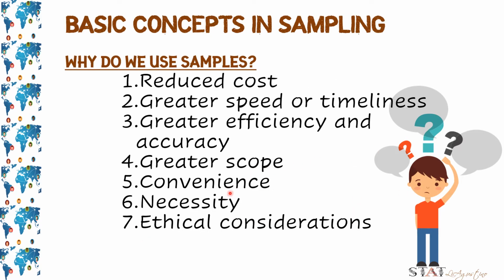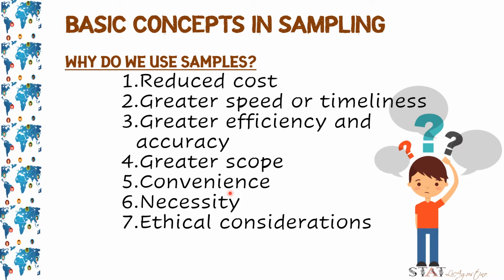So why do we use samples? Of course, to reduce costs. For example, you will print questionnaires for a population of 1,000 people. To reduce costs, you just use a sample and print papers for only 500 people. So of course, you can reduce cost.